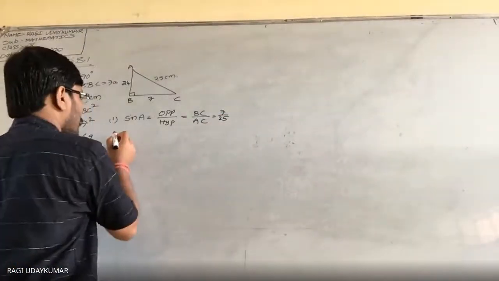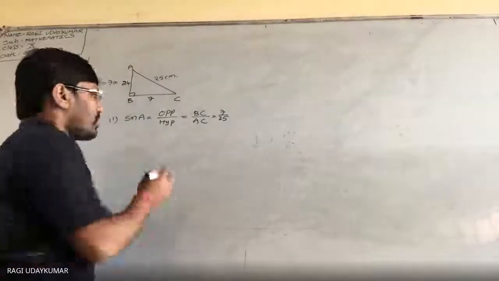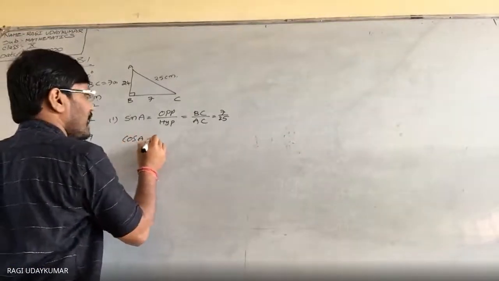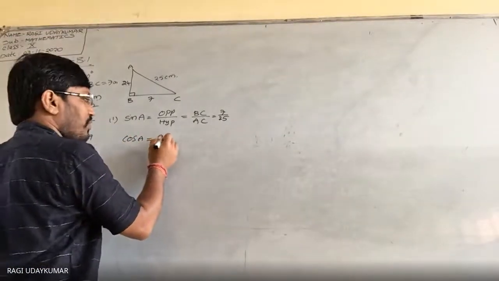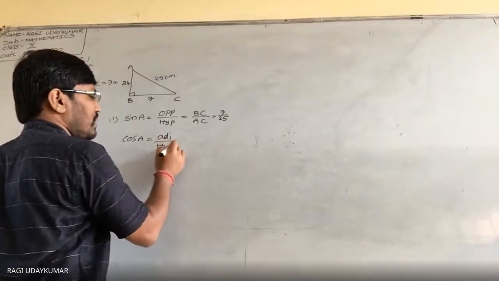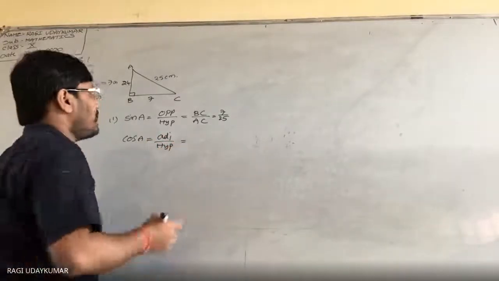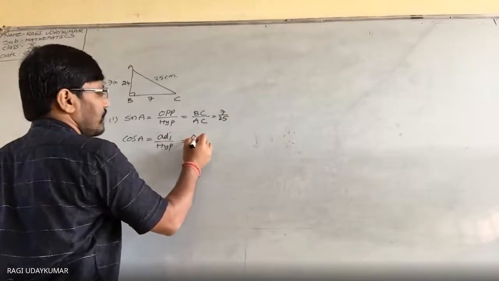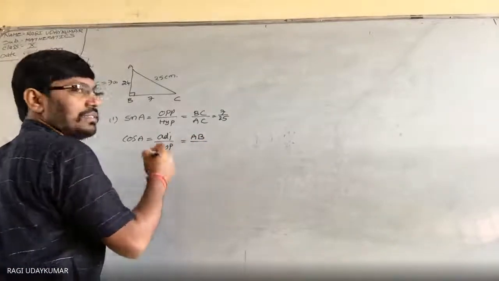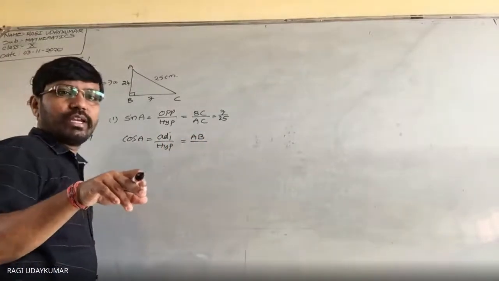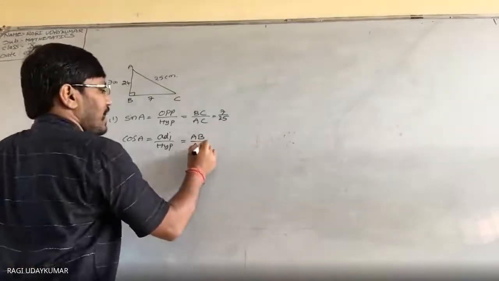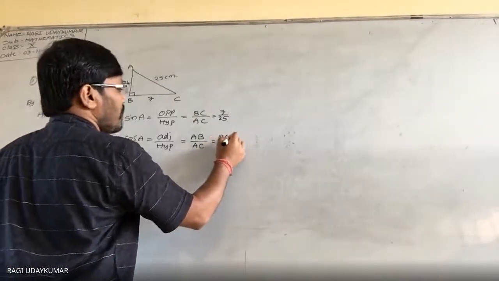Next, the second question is asking cos A. Cos A is equal to adjacent by hypotenuse. Adjacent is AB, so the adjacent to A you need to take into consideration. AB by AC is equal to 24 by 25.